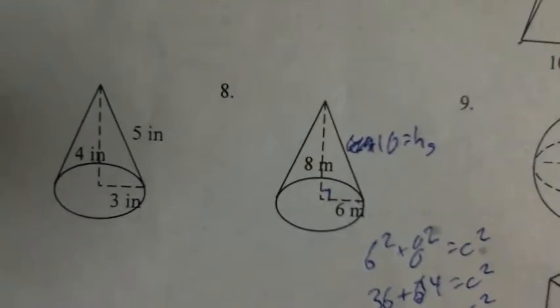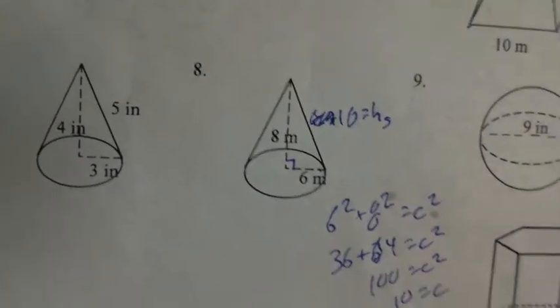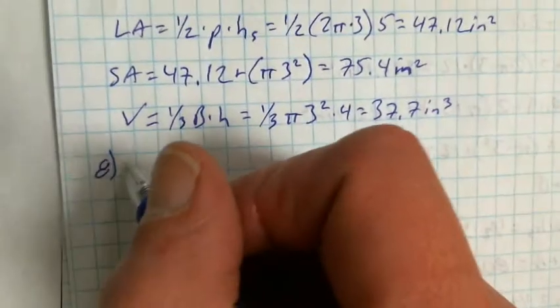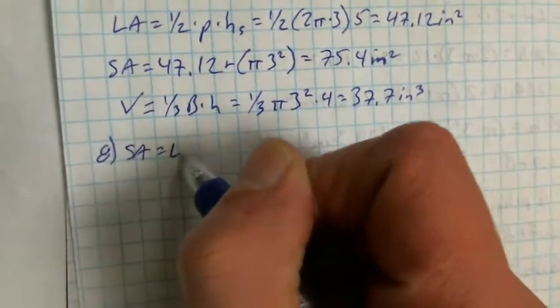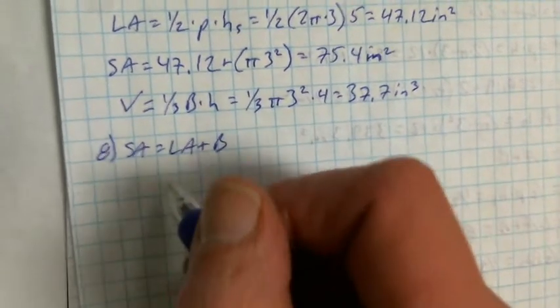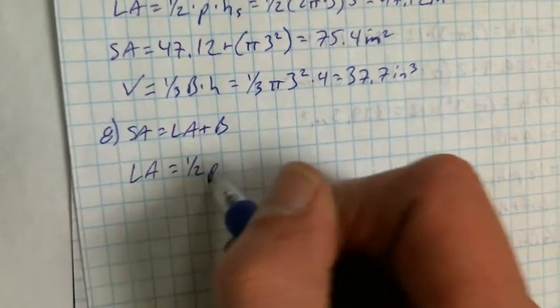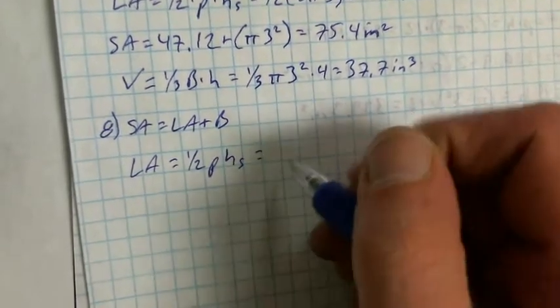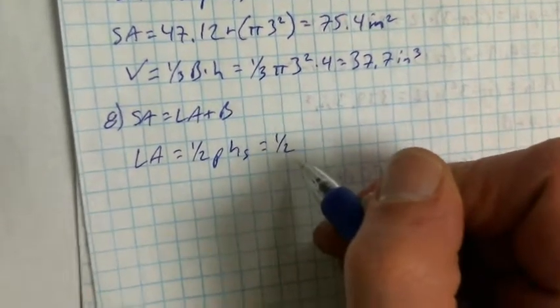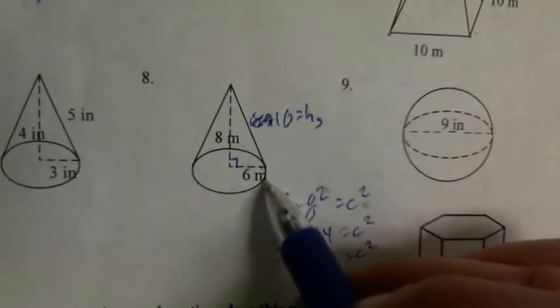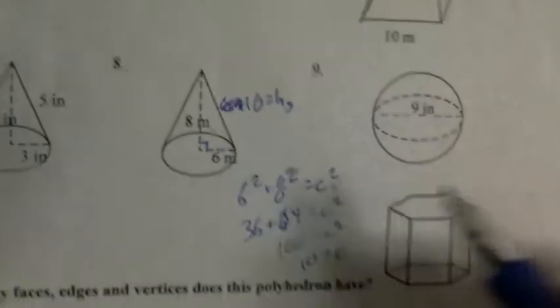All right, so our new problem looks just like the old problem. So we begin using the surface area, the lateral area plus base, because a cone only has one base. The lateral area is 1/2 times perimeter times slant height. The perimeter of the base is the circumference of the circle, whose radius is 6.